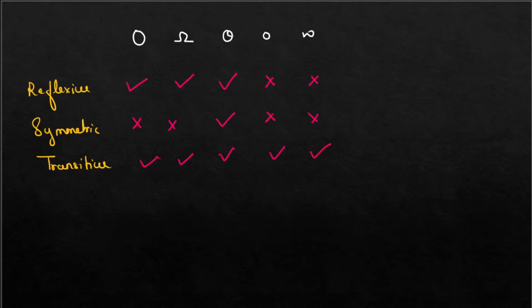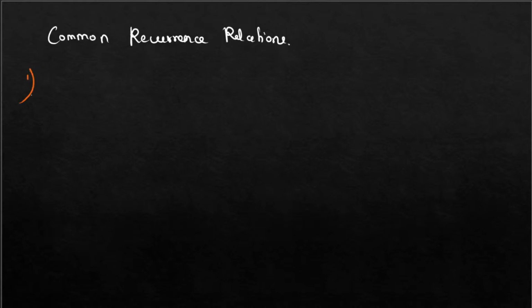Now let's discuss some common recurrence relations. Very first is T of n equals T of n minus 1 plus b, where n is greater than 1, and a and b are greater than 0, that means they are constants.